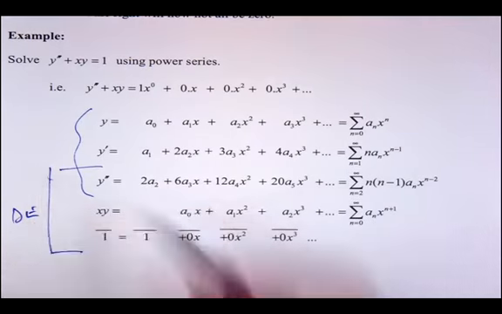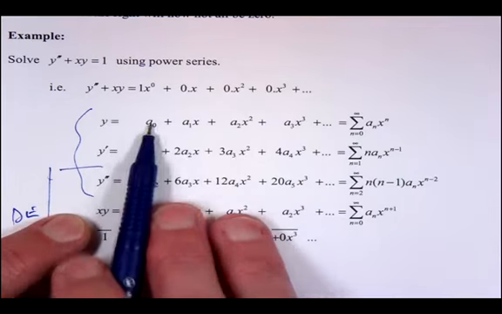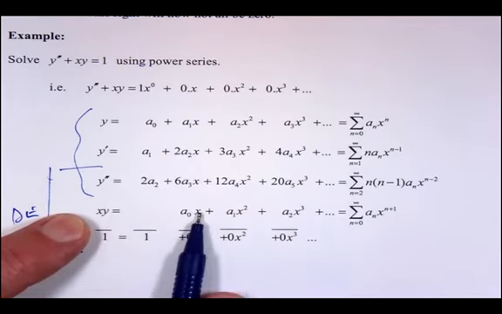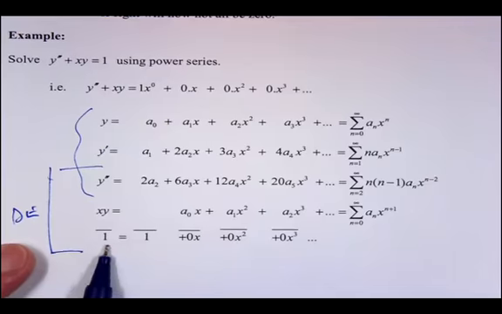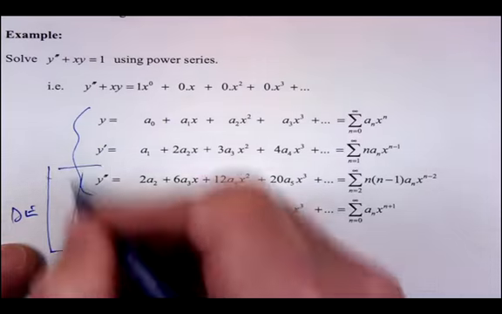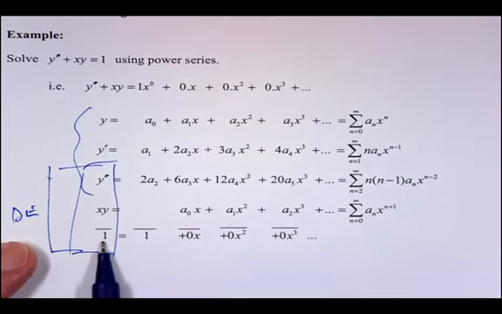What does x times this do? Well, it simply shifts. Instead of a0, it makes it a0x, which shifts it along a column. And it makes this a1x squared, which shifts it along a column, etc. And then the right-hand side is 1. You see, this much is the DE. It's that plus that equals that. Yeah?